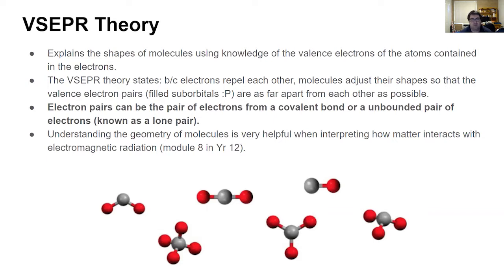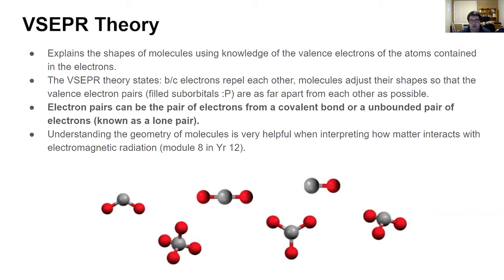So, VSEPR theory, or valence shell electron pair repulsion theory. We'll call it VSEPR for short, like the bike. This explains the shape of molecules using knowledge of the valence electrons that surround each of the atoms.